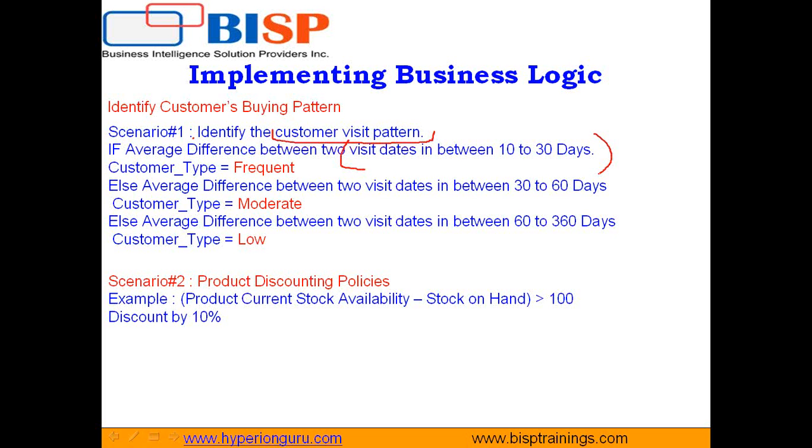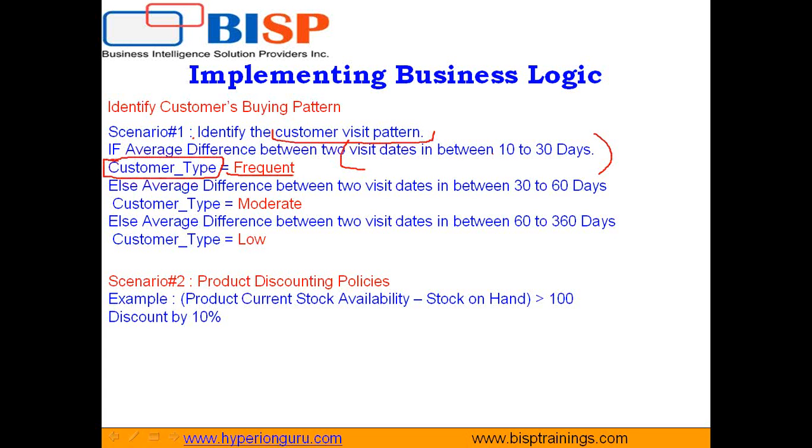Maybe the first time I visit in May, and then I visit in June. The difference between the two customer visit dates tells me the customer frequency. If the difference is between 10 to 30 days, we tag the customer type as a frequent customer. So I have business logic which specifies the customer type, and based on the condition we tag a customer profile.